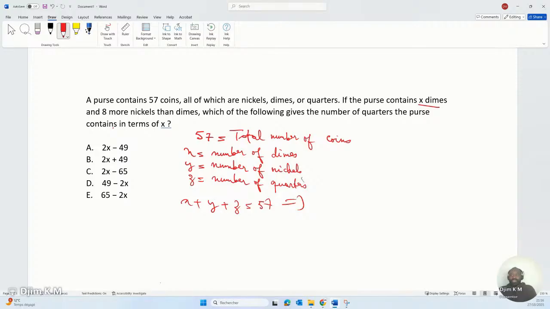So that means that if Y is equal to the number of nickels, the number of nickels is equal to 8 plus the number of dimes. Okay, so that means we will have X plus 8 plus X plus Z, which is equal to 57.